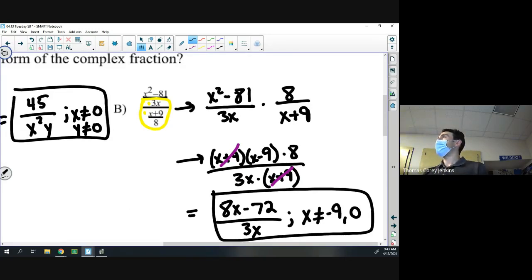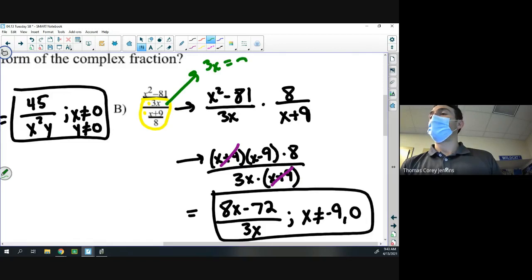Everybody with me? Anybody have any questions? Yes. So remember, we basically set any of the things that I circled equal to 0, right? And so if you set 3x equal to 0, you get x equals 0. So that means that if I plug 0 in for x, it's going to make that denominator equal to 0, which would give us an error, right?